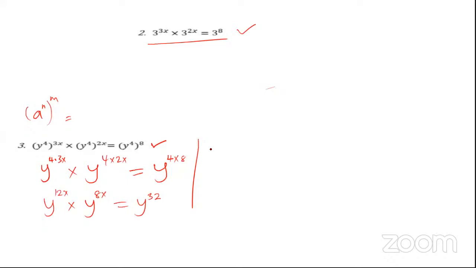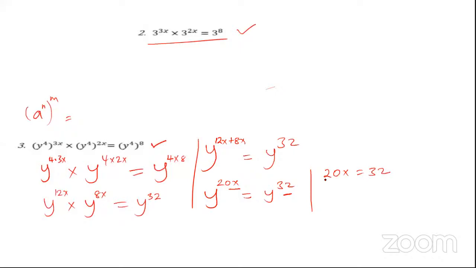You first add the powers, 12x plus 8x is equivalent to y to the 32. 12 plus 8 gives 20, so y to the 20x is equivalent to y to the 32. So equate the powers to be able to get your value of x. 20x is equivalent to 32 out of 20.